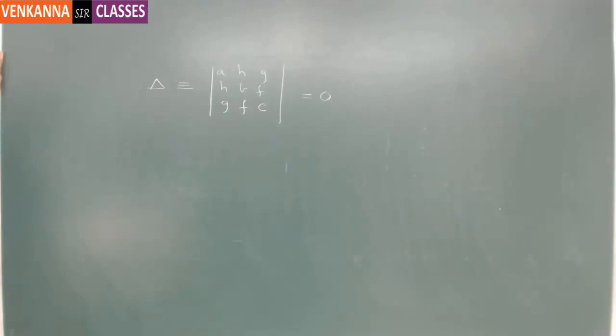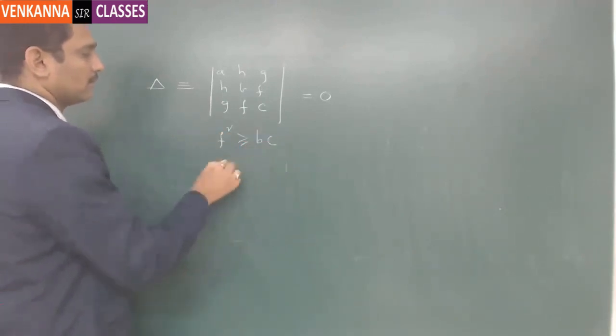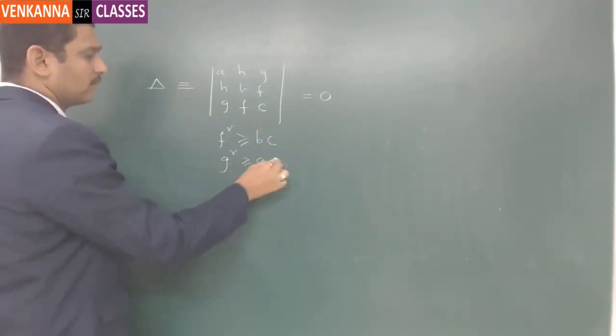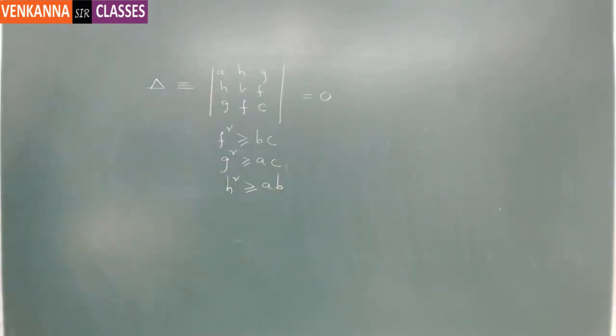That was the first condition. And second, these three conditions together must be satisfied. So if these conditions are satisfied by that homogeneous equation, immediately we can say that it represents a pair of planes passing through the origin.